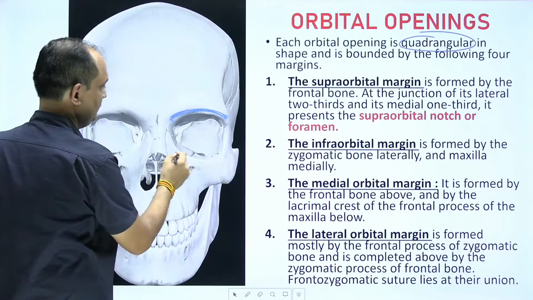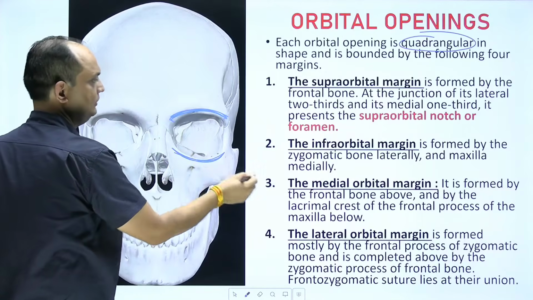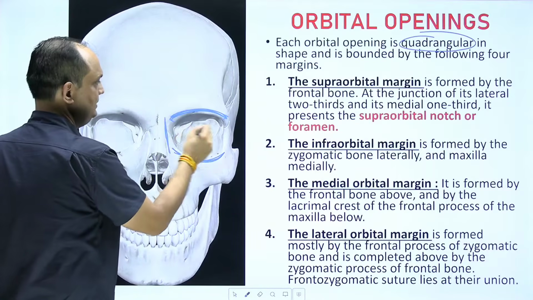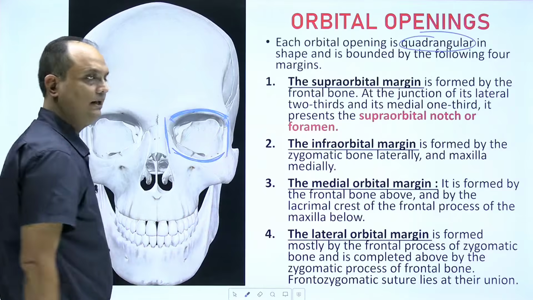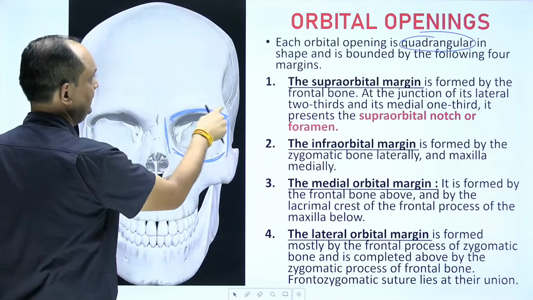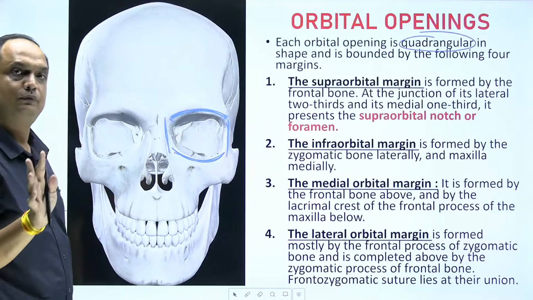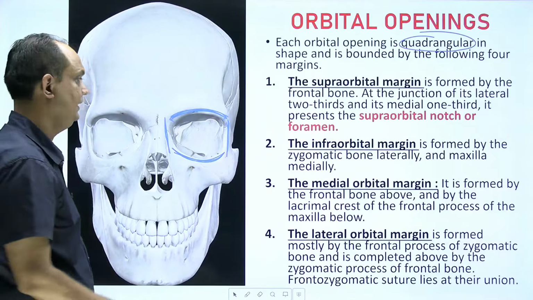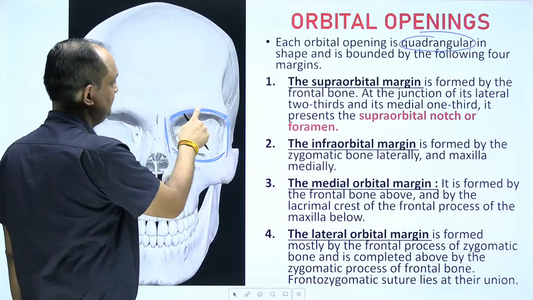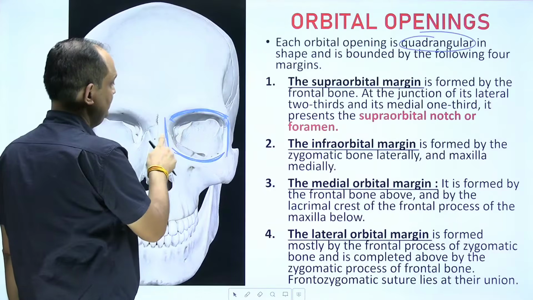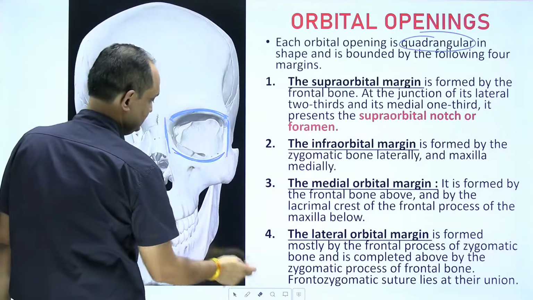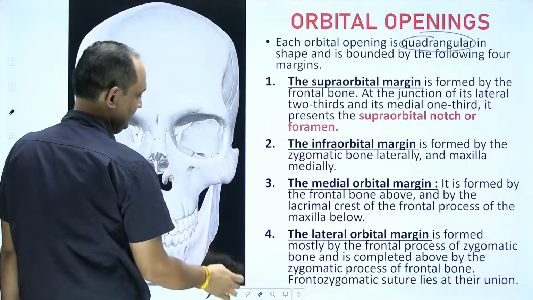Then you will have infraorbital margin, and you have the medial margin and lateral margin. Clear? So in this way, when you are reading the orbital opening in the Norma Frontalis, you have to first understand that we will read on four places: supraorbital, infraorbital, medial and lateral margins. So let's discuss one by one.